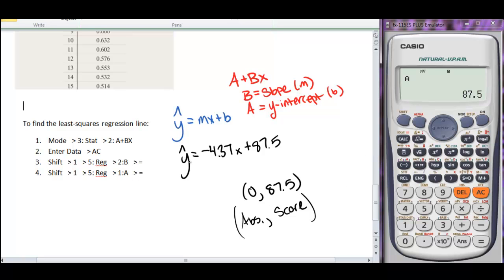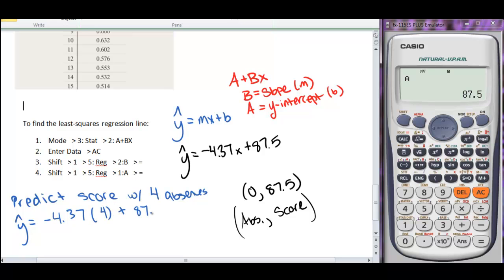Now, let's use our y hat to predict the score for somebody that has 4 absences. So to predict the score of somebody with 4 absences, we're just going to plug 4 in for x here. So we're going to have y hat equals negative 4.37 times 4 plus 87.5.